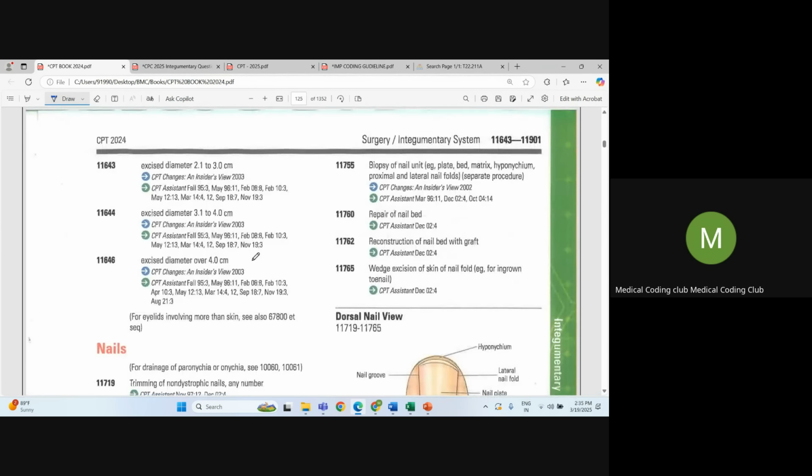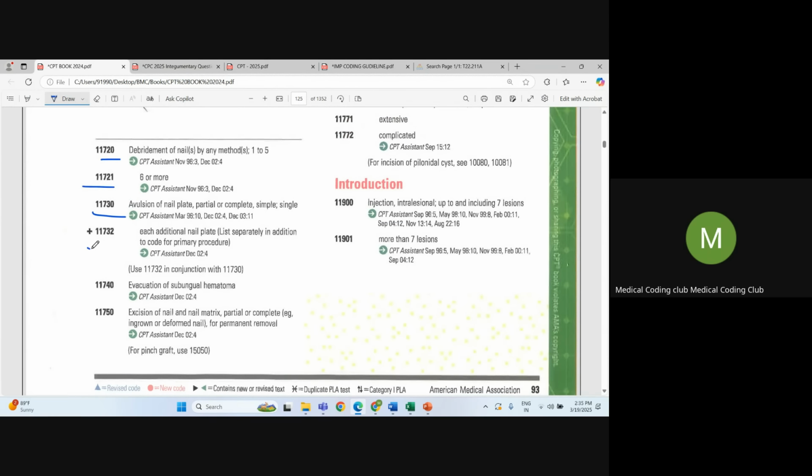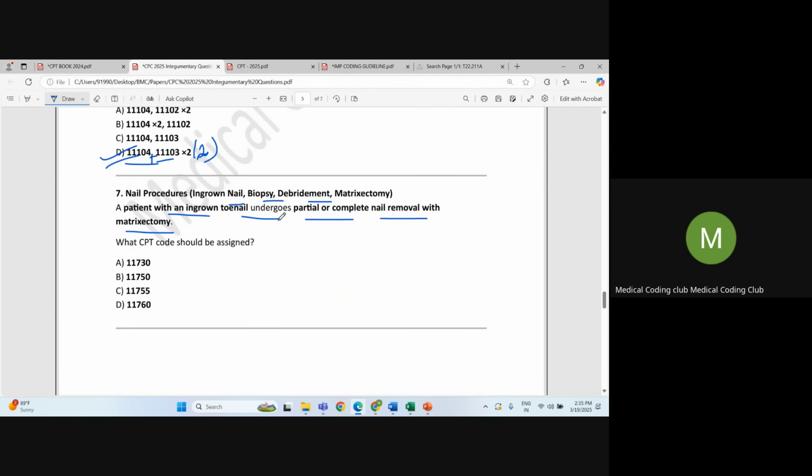Check the nail procedures, the procedures vary like this. 11750, excision of nail and nail matrix, partial or complete, ingrown or deformed nail for permanent removal. In our question, they have done partial or complete nail removal with matrixectomy. So they have removed the matrix, so 11750 is correct.